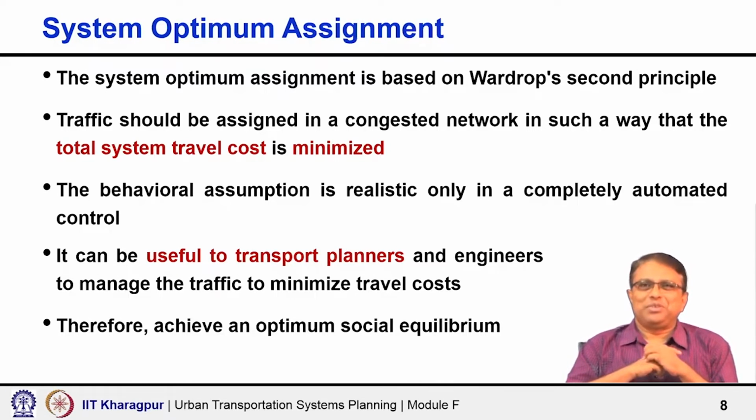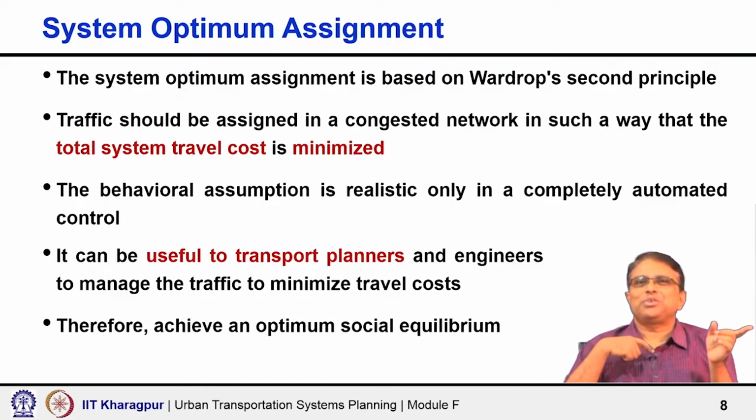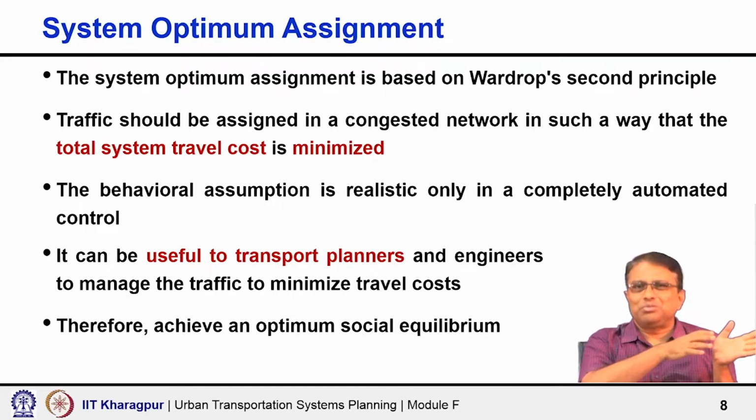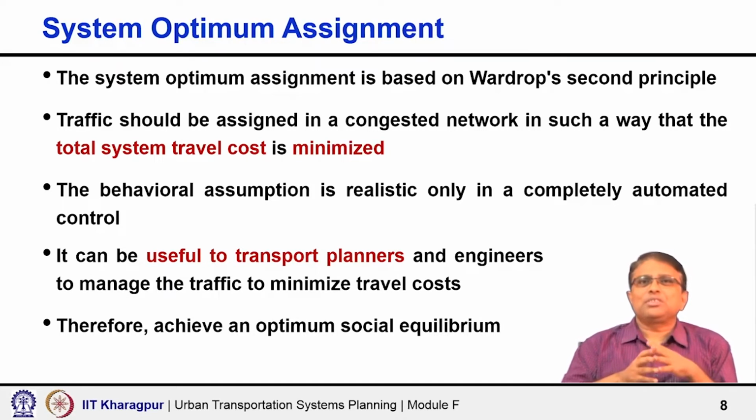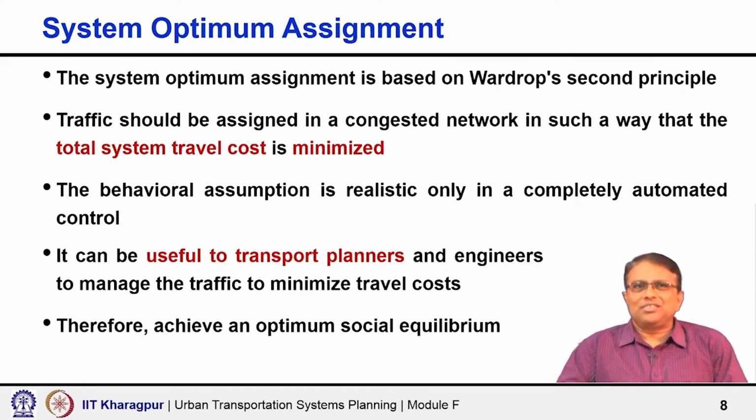Then only it can happen. If we individually make a choice, each of us will act selfishly and we will go back to somewhere near user equilibrium. It can be useful to transport planners and engineers to manage the traffic to minimize travel cost.